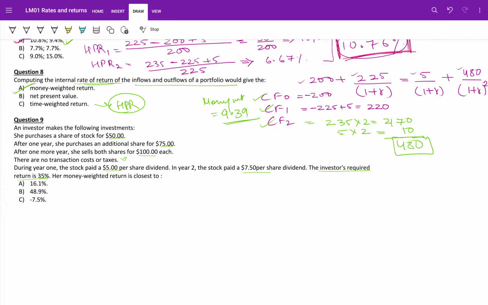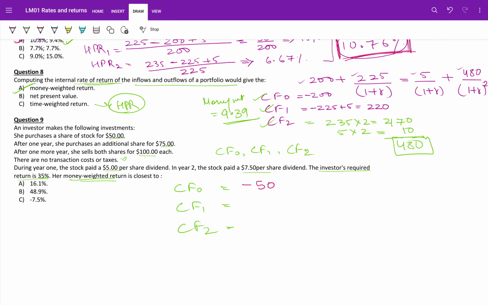Okay. So when we talk about money weighted rate of return, we talk about internal rate of return, and we talk about cash flow zero, cash flow one, cash flow two. Initially she purchased the stock for $50, so that's going to be a negative 50.